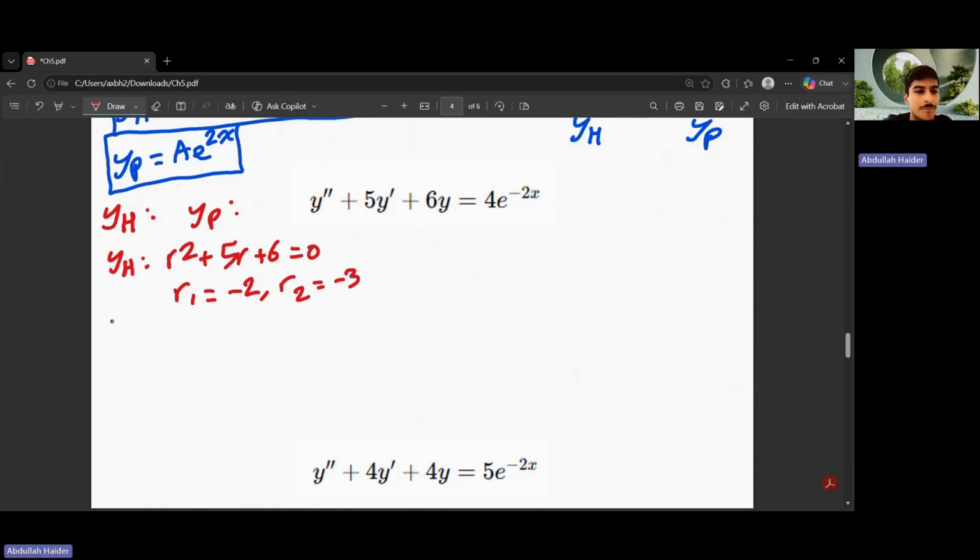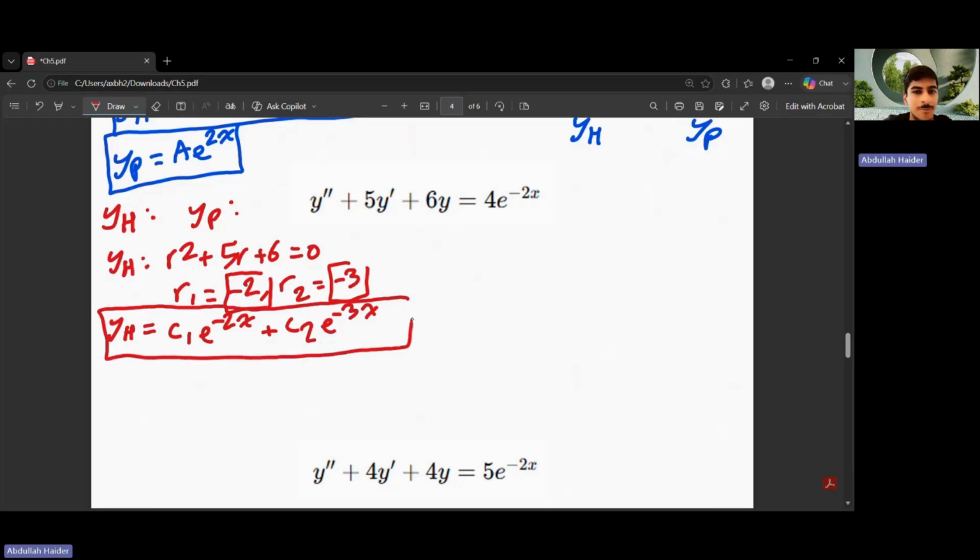So now you write the homogeneous solution. Since these are distinct roots, -2 and -3 are different, we will have c1 e power -2x plus c2 e power -3x. This is our homogeneous solution to the problem.